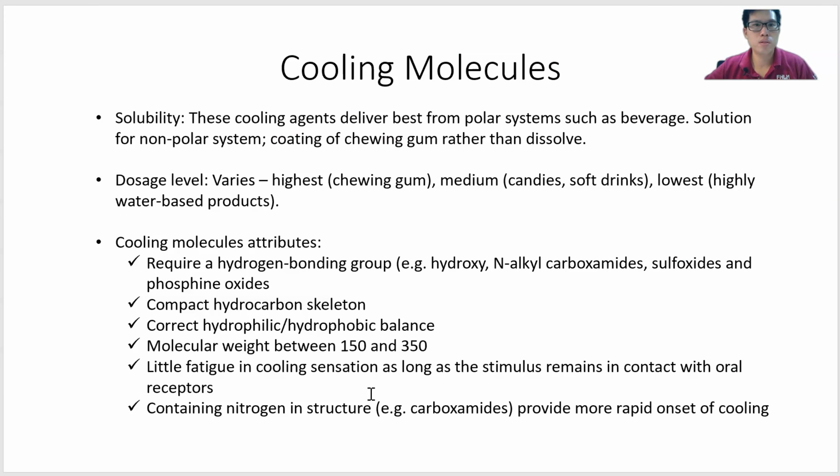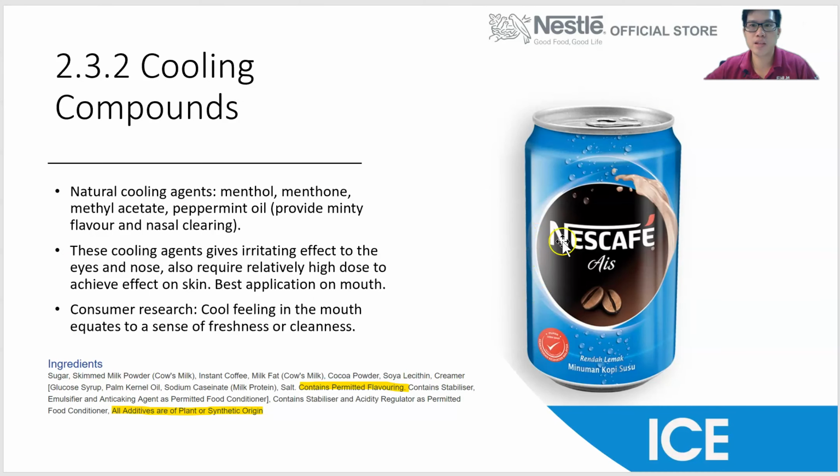These cooling molecules develop best from a polar system, for example, a beverage. This is different from what I mentioned just now. For the cooling molecules, they need to be in a polar system. That's why adding it to the Nescafe ice will be good.